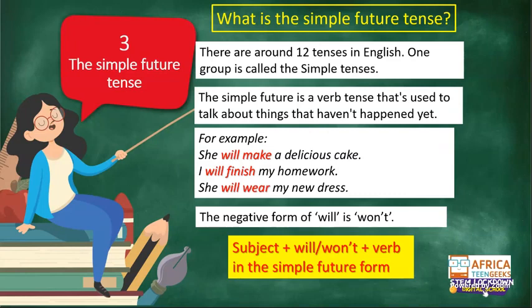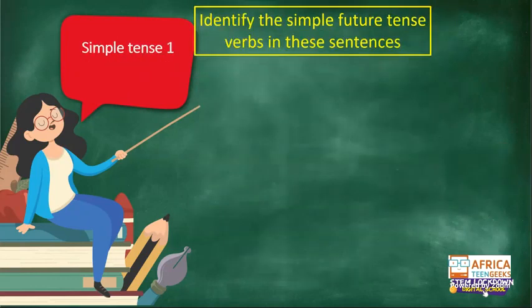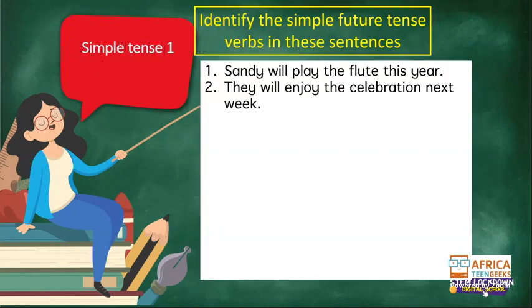Okay, so let's test you out on this one. Identify the simple future tense verbs in these sentences. We'll read them first and then you make a note of them. Sandy will play the flute this year. They will enjoy the celebration next week. The farmers will plant their crops next month.